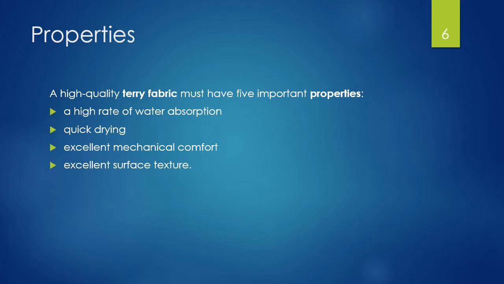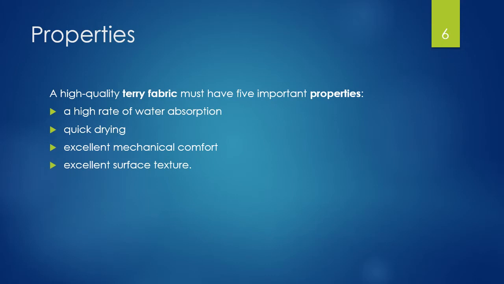Why are these structures used for manufacturing of trousers? Basically, terry fabric has a high rate of water absorption. For example, if trousers are used in sports and for gym purposes, most of the water in the form of sweat leaves our body.